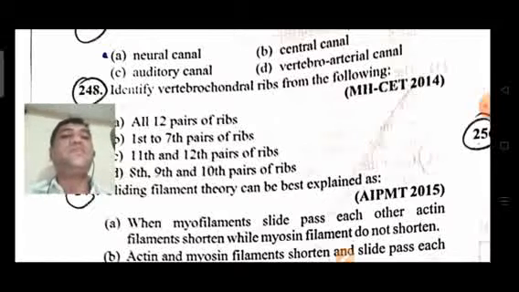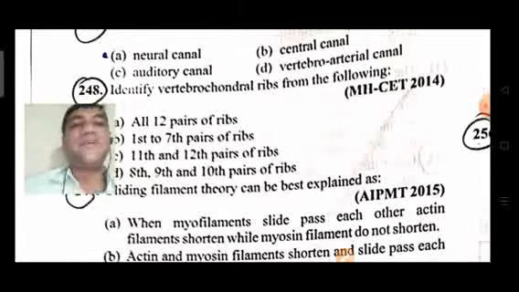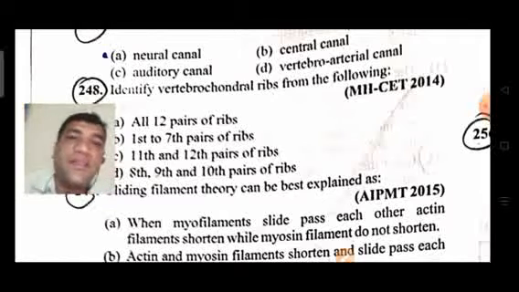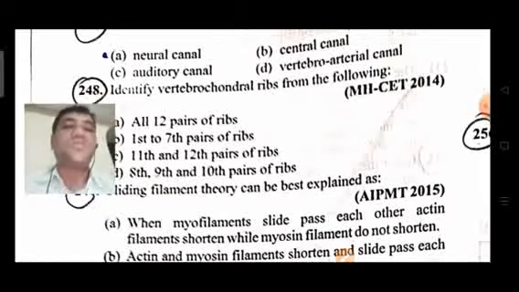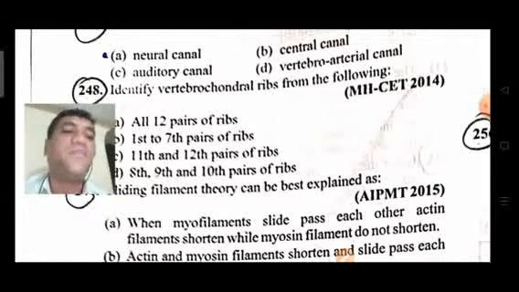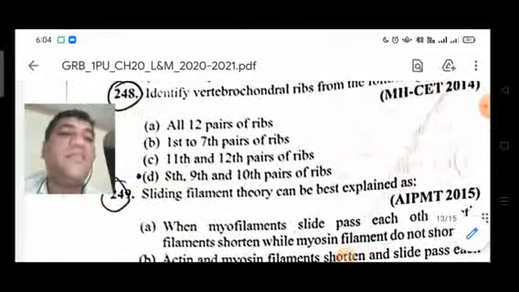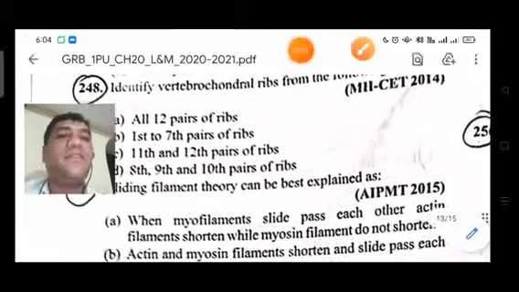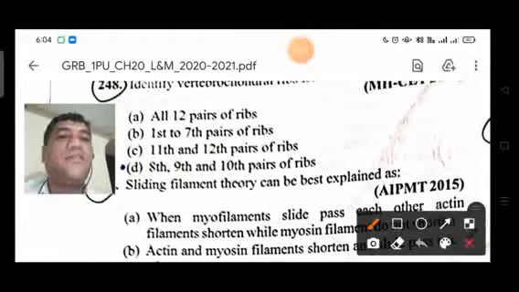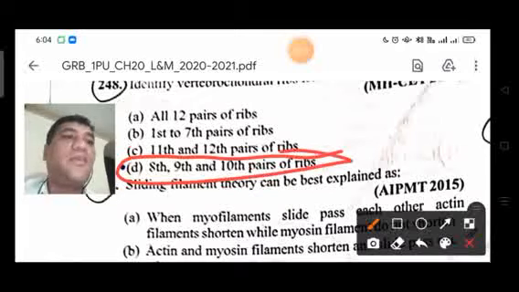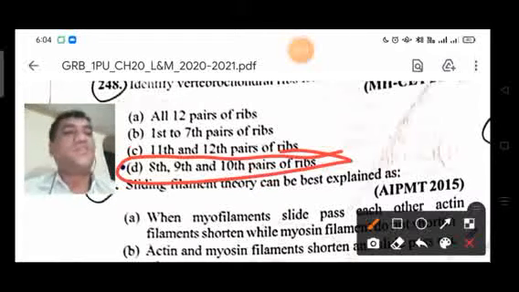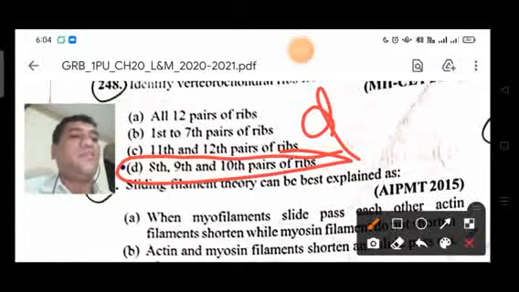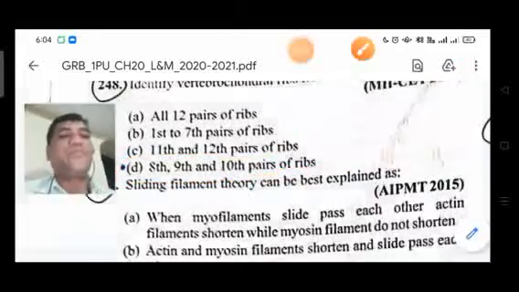As these false ribs are not directly connected to the sternum, they are also called vertebrochondral ribs. The 8th, 9th and 10th are called vertebrochondral ribs. The option is D, the answer is D.